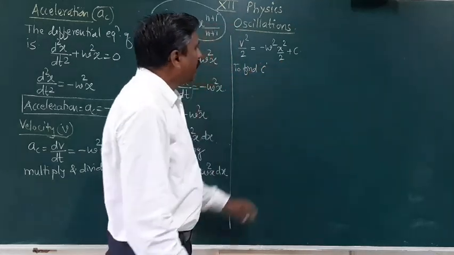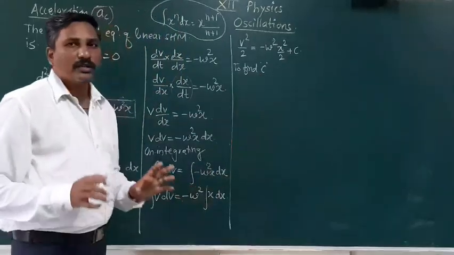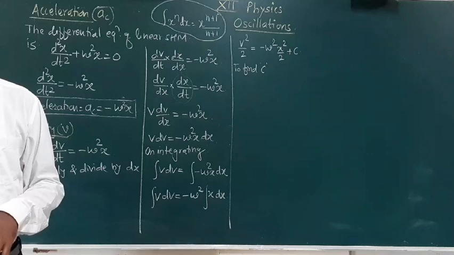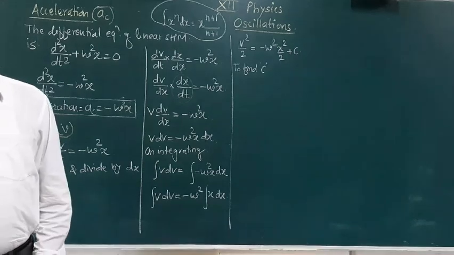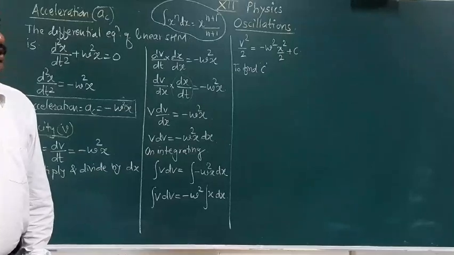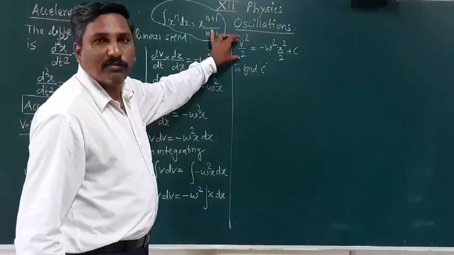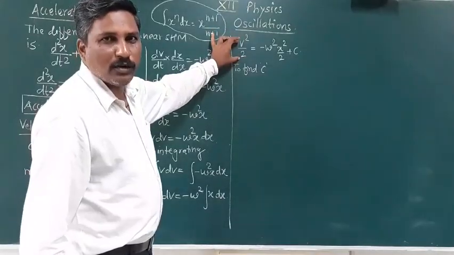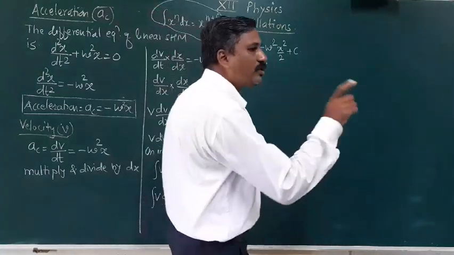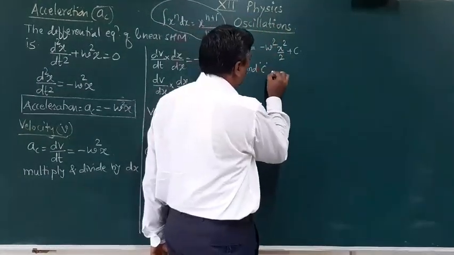If I want to find out the value of c, we have to see which term becomes 0. Now it will be very clear: this term, v square by 2, becomes 0, which means velocity becomes 0. And when velocity becomes 0, it will be very simple to find c.